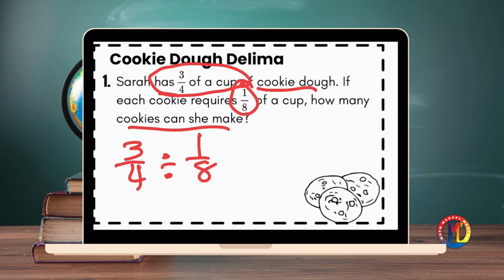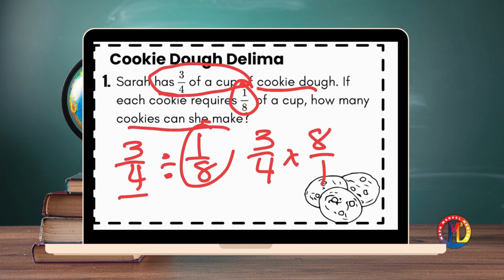Now, if you want to do skip, flip, multiply, we're going to skip the first term and just rewrite it, flip the second term, and then multiply. Same thing if you change this division to multiplication, and then flip, and you're going to multiply top times top, bottom times bottom.